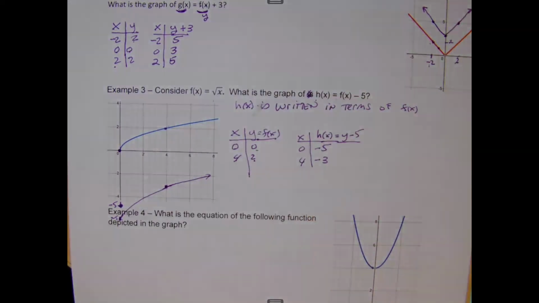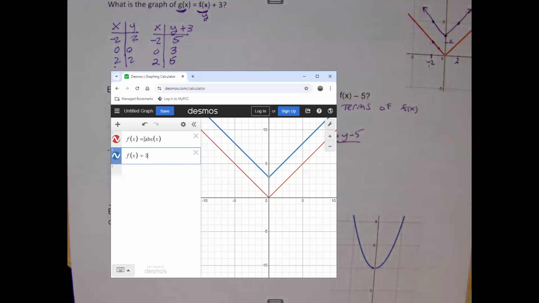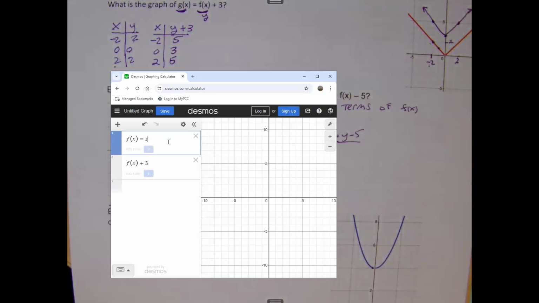So again, let's come over here, share my screen, I hope. And I want to enter, again, the square root function is sqrt, and this pops up. So there's my basic function. What am I doing now? I'm going to come over here and subtract 5. And there is my new function.